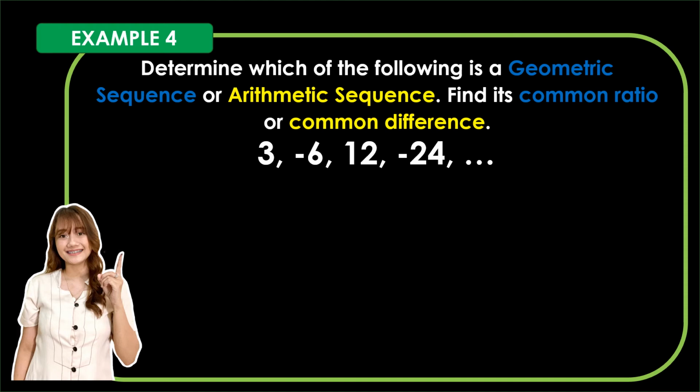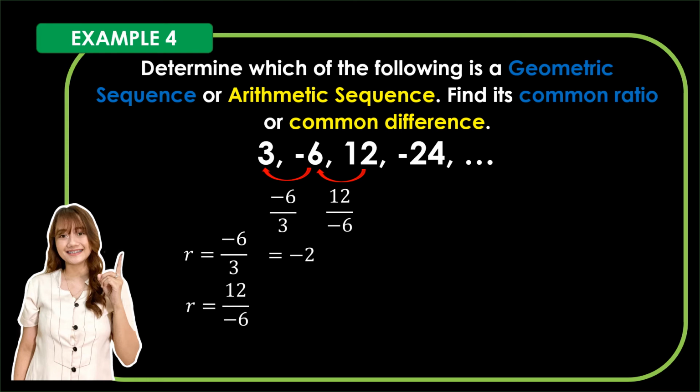Now, starting with the second and first term, we divide negative 6 divided by 3. We have negative 2, and then we divide 12 divided by negative 6. So we have 12 divided by negative 6 gives us negative 2 also, which is good. Now, let's try with the fourth and third term.